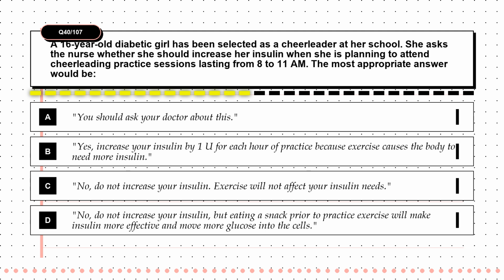Option B, yes, increase your insulin by 1 U for each hour of practice because exercise causes the body to need more insulin. Option C, no, do not increase your insulin. Exercise will not affect your insulin needs. Option D, no, do not increase your insulin, but eating a snack prior to practice exercise will make insulin more effective and move more glucose into the cells.